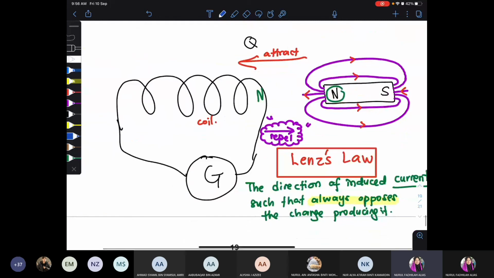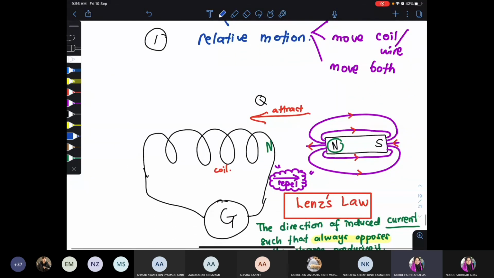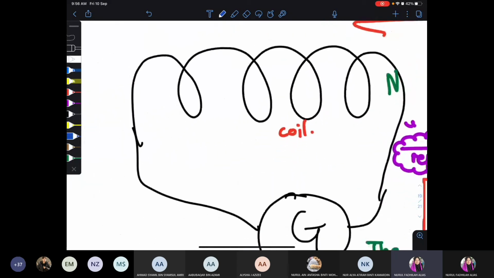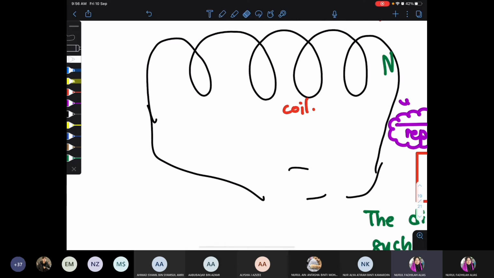Sebab if there is current, do you still remember about electromagnetism? Kalau saya buat macam ni, tak nampak ada magnet kat situ. So if I change this one kepada battery ataupun dry cell, what happen?